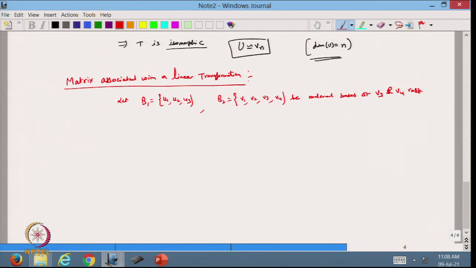Then let there be a linear transformation T from V3 to V4, defined as follows.